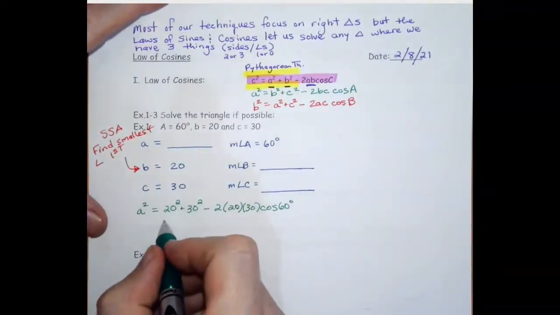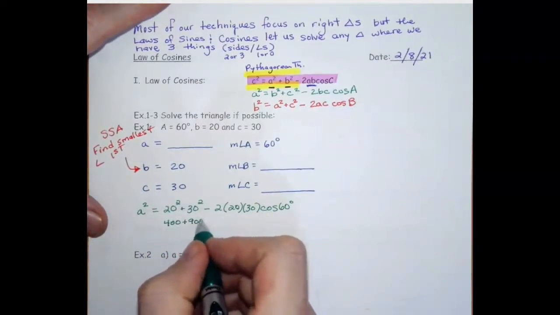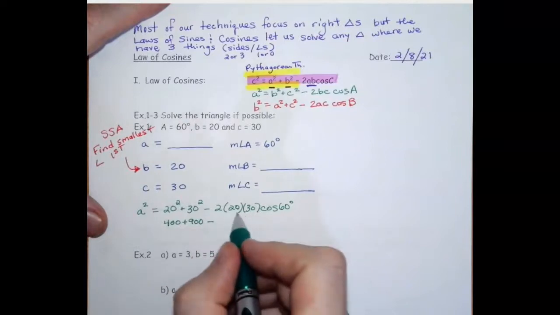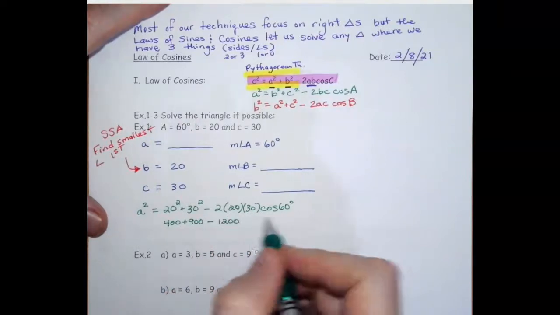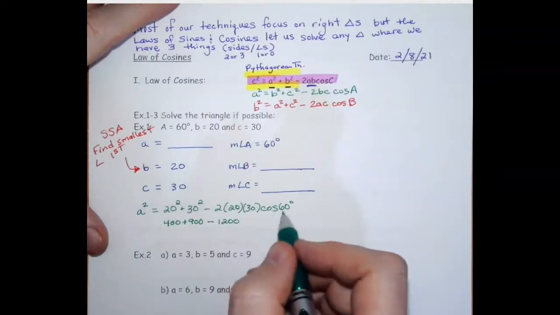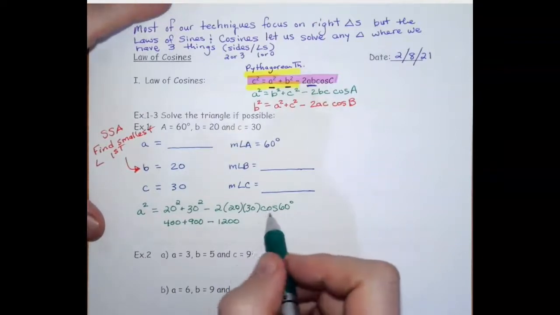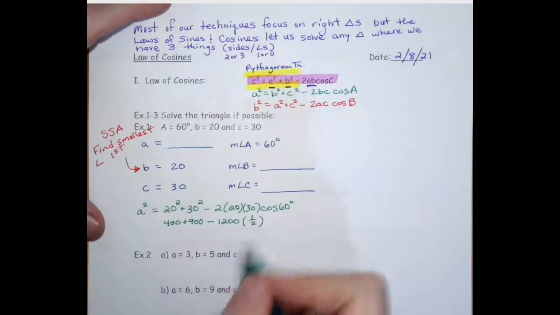So if we square that, it's going to be 400 plus 900 minus 40 times 30 is 1200, and the cosine of 60, we can figure that out on our calculators, or maybe we have it memorized, probably not, but we talked about that the other day. It would be 1/2.